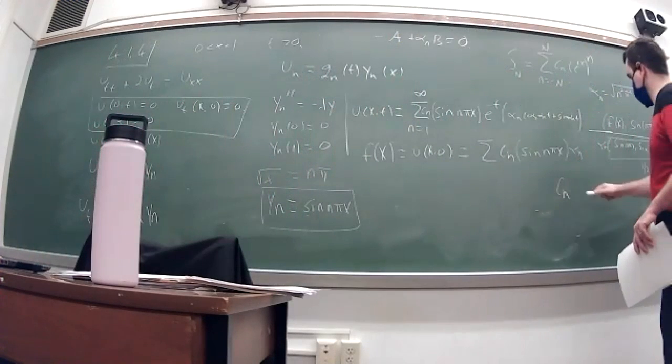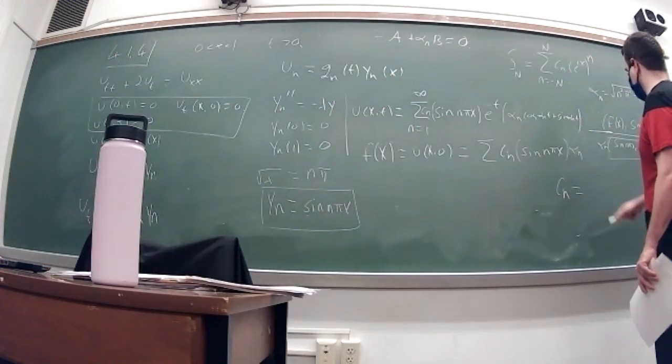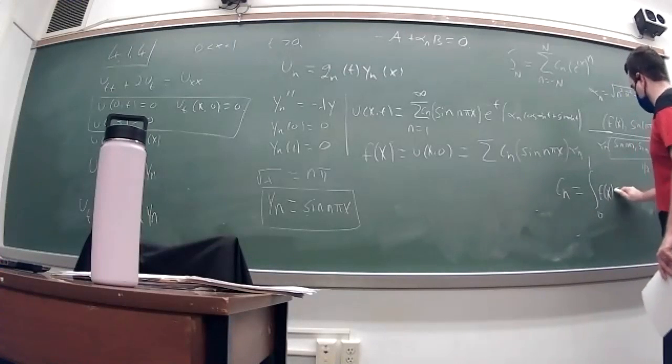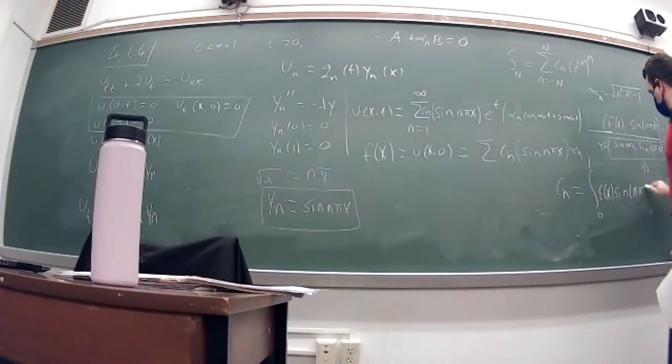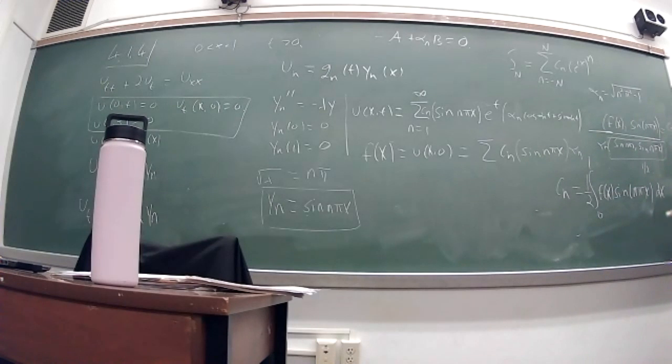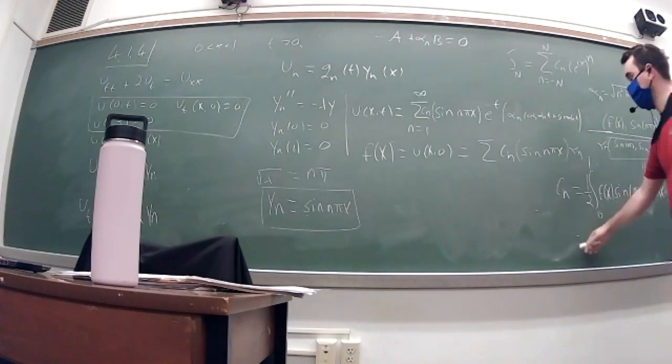So this gives us that c sub n is equal to this integral from 0 to 1, f of x sine n pi x times 1/2 and times 1 over the square root of n squared pi squared minus 1.